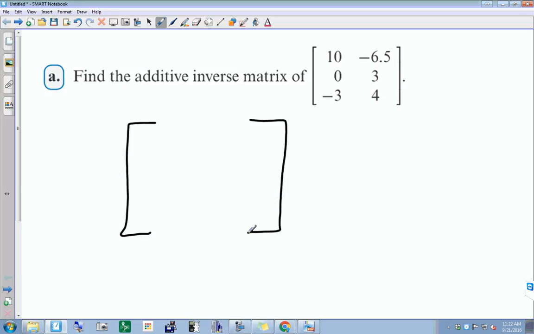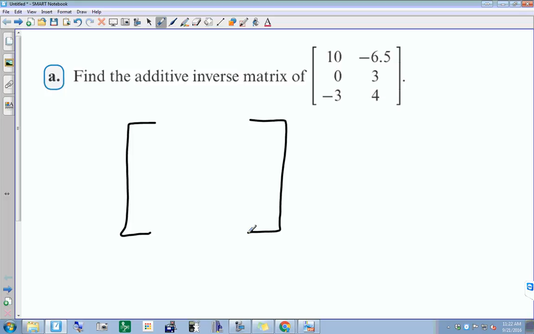If it doesn't have the brackets, it's not a matrix. Additive inverse tells us to do what? Well, we're going to add. But what's add and then the inverse? What would be the inverse when we want to add?